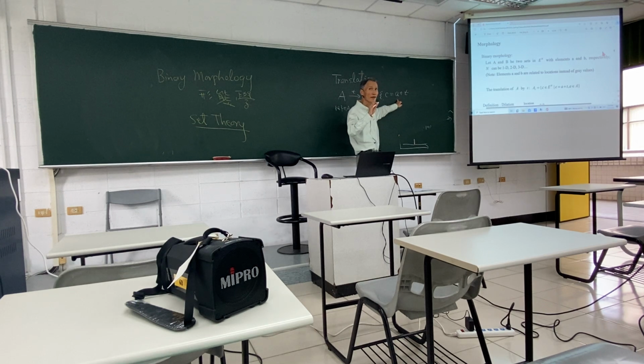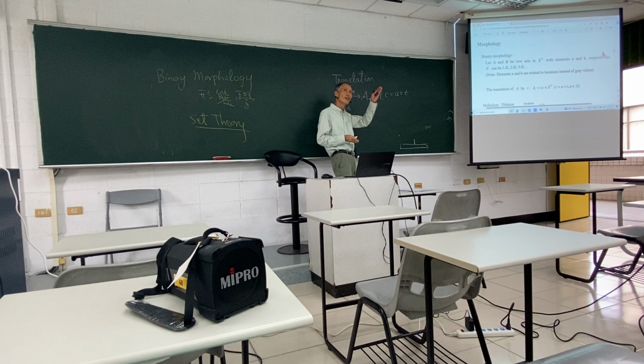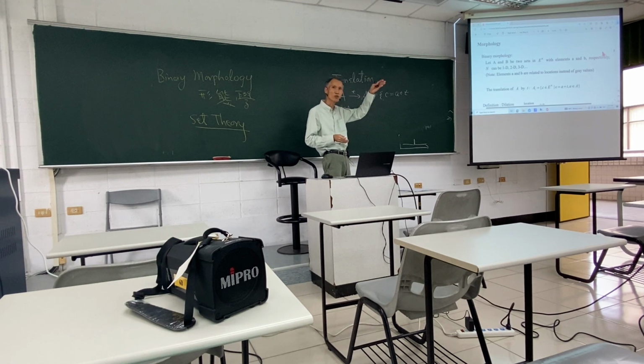Now remember, A is not the gray value. A is the location of the binary image. We're talking about the location, not the gray value. Don't mix it with image smoothing or image sharpening.